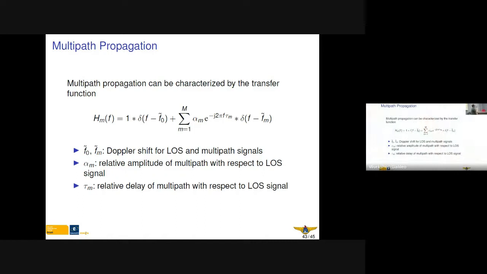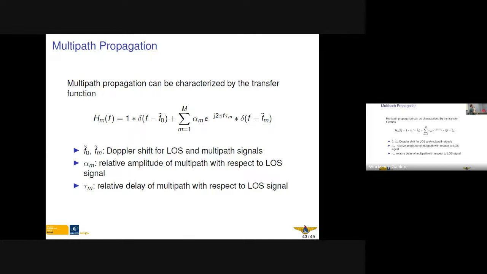Yeah, multipath propagation can be characterized also by a transfer function. So we can use here H_m, multipath of f, and then we have here first the line of sight propagation. So we just introduce here the Doppler shift for the line of sight and multipath signals, f tilde 0 and f tilde m.